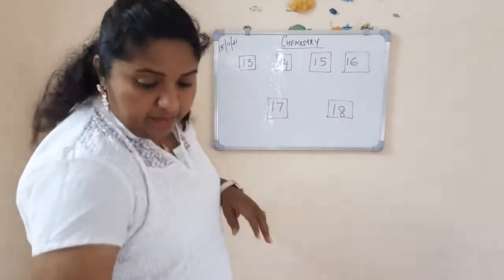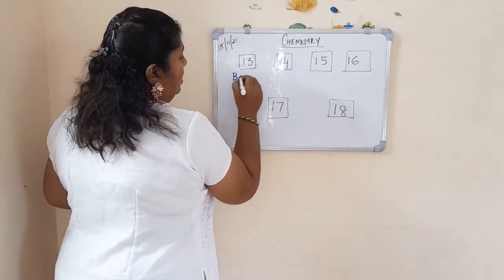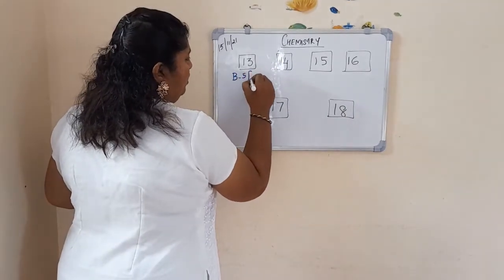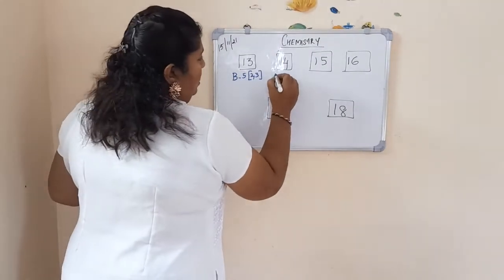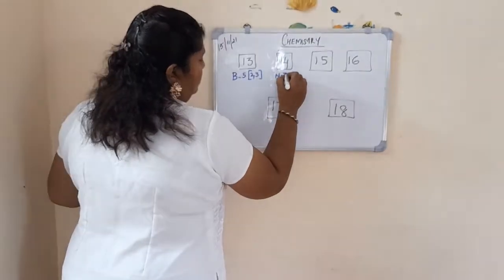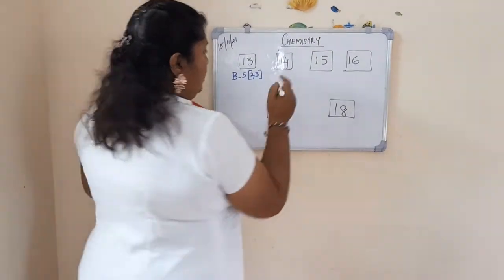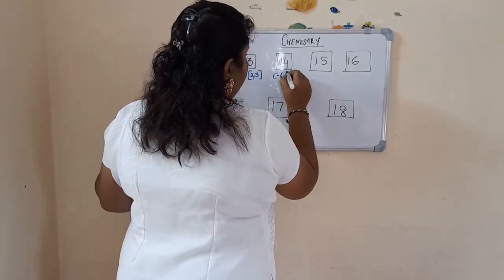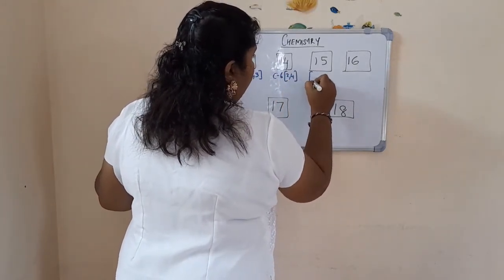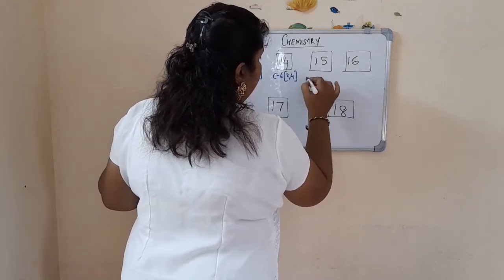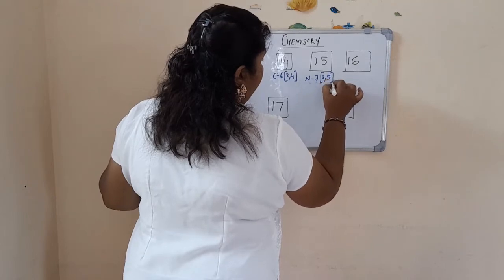Now, I am writing the names of the elements. Boron, atomic number 5, electronic configuration 2, 3. Carbon, atomic number 6, 2, 4. Nitrogen, atomic number 7, 2, 5.